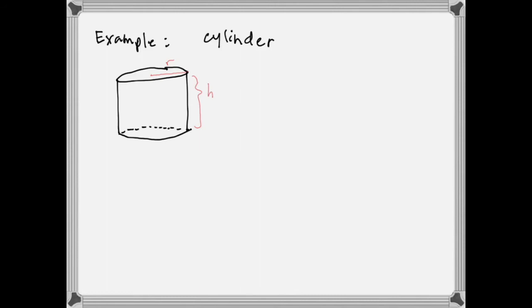And suppose we wanted to know what the surface area was of this. And for now, we're going to assume that it's hollow. In other words, assume there's no top or bottom.